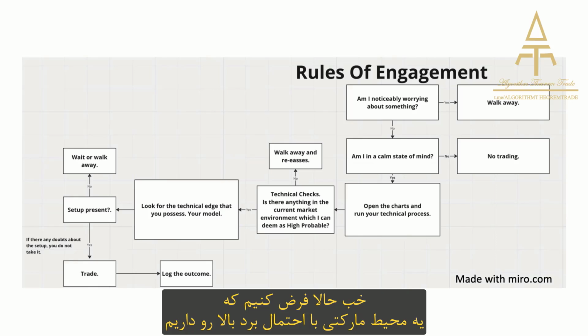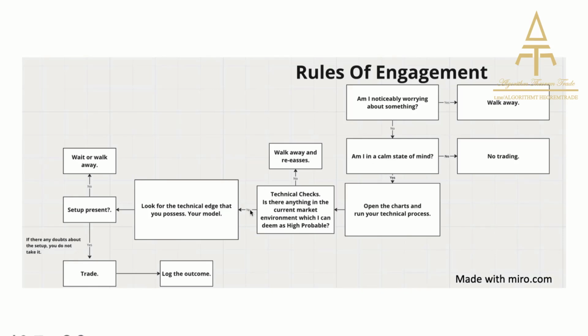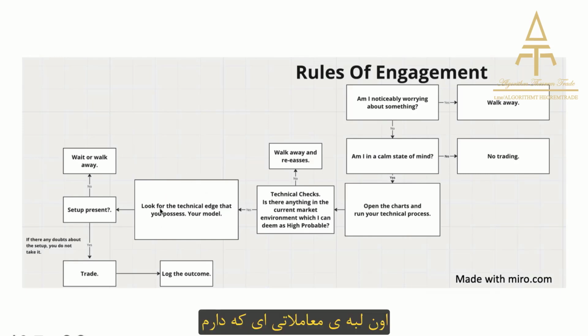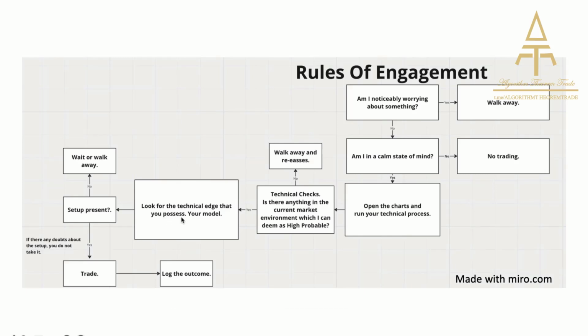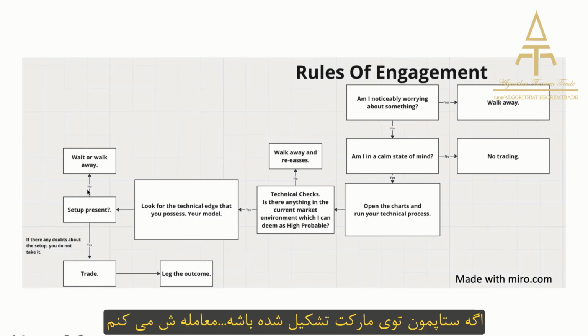So let's say that there is a high probability environment. The next step is the following. The technical edge that I am in possession of, my model, will be looked after. If a setup is present, I will trade it.